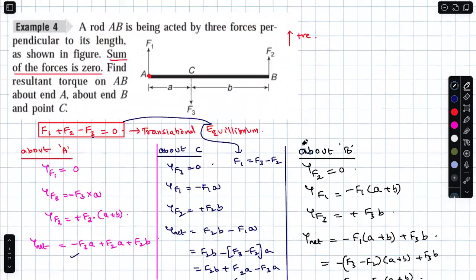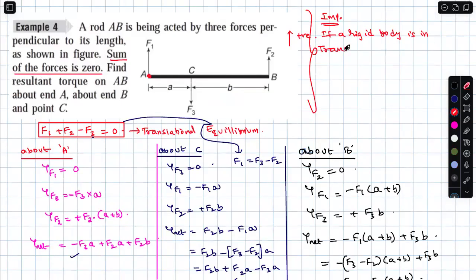So what can I conclude now? With this, I can conclude one important theory point. If a rigid body is in translational equilibrium, then the torque about any point is the same.